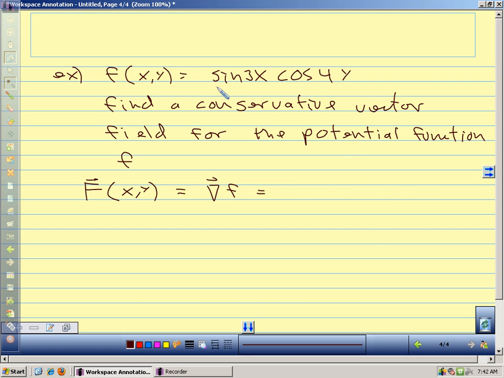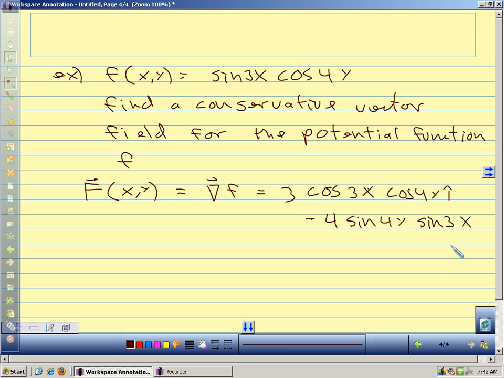So the partial of this with respect to x, what do we get? 3 cosine 3x cosine 4y I, plus the partial of this with respect to y. So it would be minus 4 sine 4y times sine 3x.